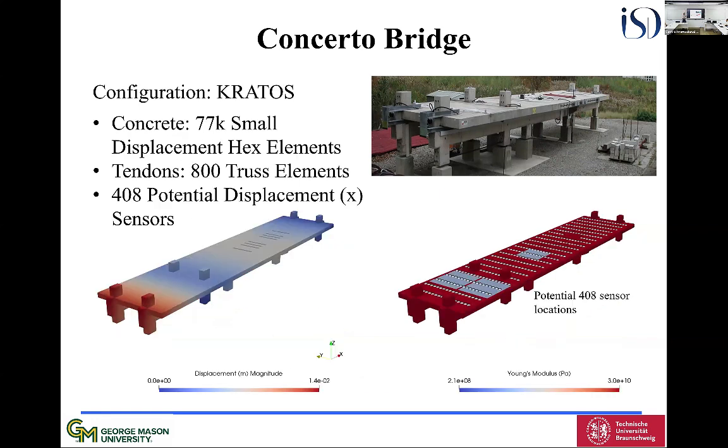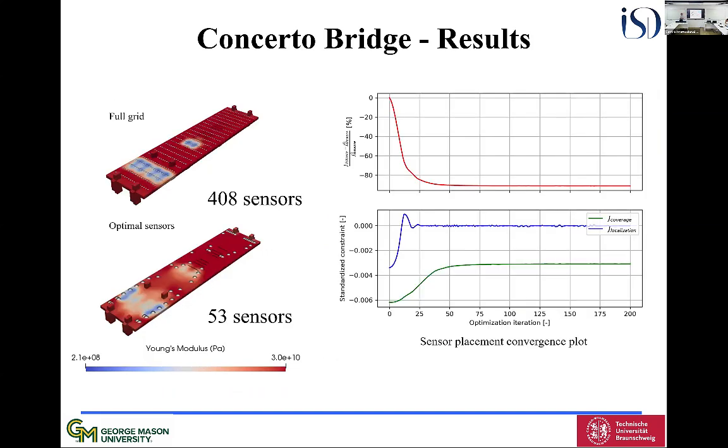And this was done now with Kratos, 77,000 small displacement hex elements for the concrete, and then 800 truss elements for the beams that are back here. And the result is this. So you can see this with a lot of sensors here. This is what you recover. And if you take fewer sensors, of course, you recover less, but you recover all the regions that have been damaged and weakened over time.